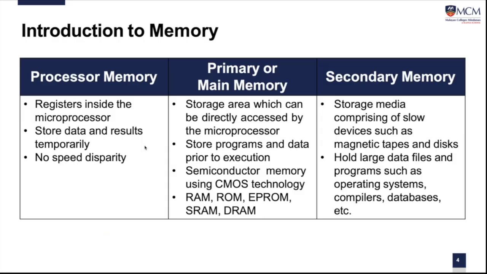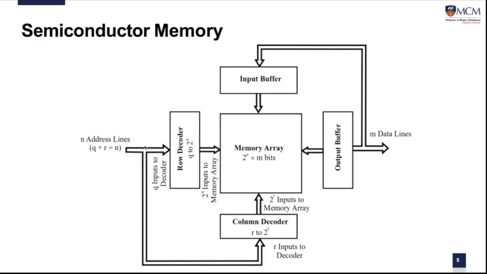I'm not sure if you have experienced secondary memory before; in the past, personal computers used magnetic tapes and disks, like our CD or DVD. Secondary memory holds large data files and programs such as the OS, compilers, databases, etc.